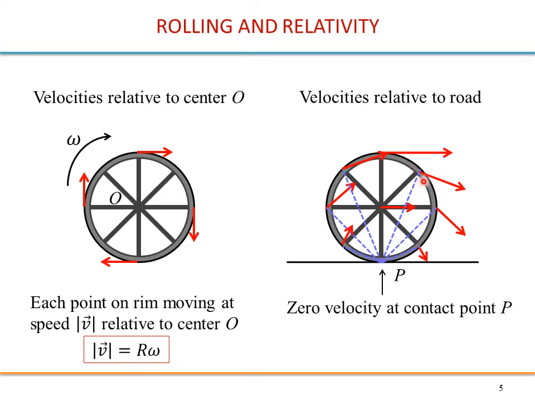So if you take an arbitrary point on the wheel, the velocity will be given by this vector, so it will be perpendicular to the line going from that point to the axis of rotation, by definition of rotational motion. Okay, so we get all these different kinds of velocities, and you will notice that the contact point has no velocity.